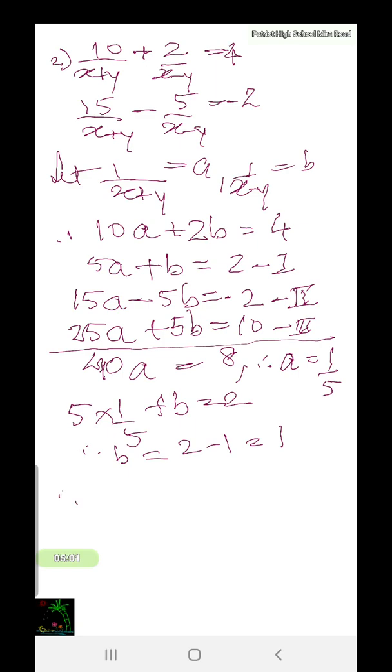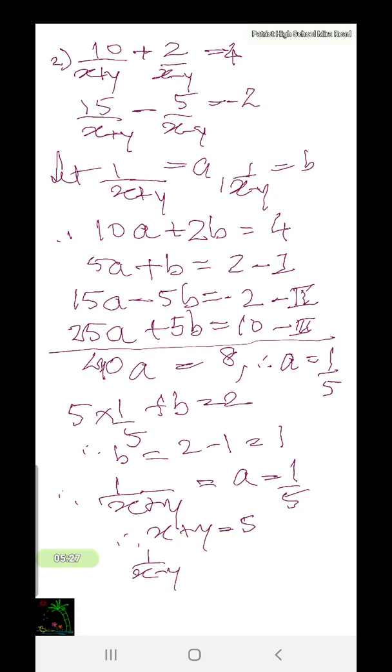Therefore we have 1 upon x plus y is equal to a, which is equal to 1 upon 5. Therefore x plus y is equal to 5, and 1 upon x minus y is equal to b is equal to 1.